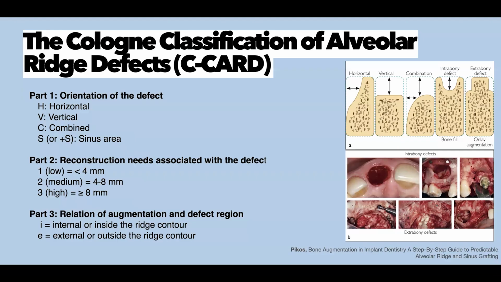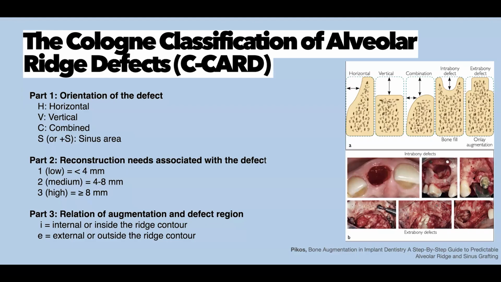And one of the most important aspects of this definition, which we're going to spend some time with later, is the relation to the ridge contour. Is it inside the skeletal contour, or it's outside the ridge contour? The skeletal envelope, or the bony envelope, or the ridge contour are different names for the same thing, which is how contained the defect is.